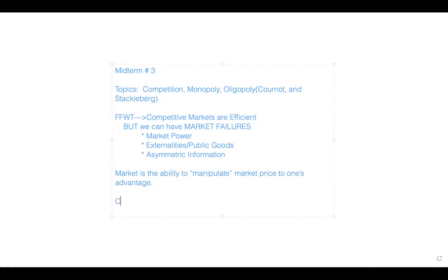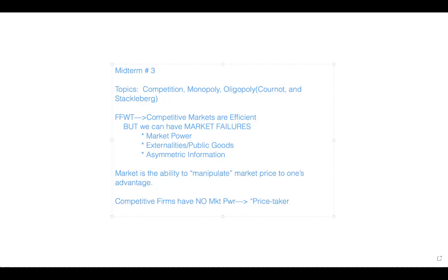Well, remember that competitive firms have no market power. And the way we show that is we say that they are price takers.